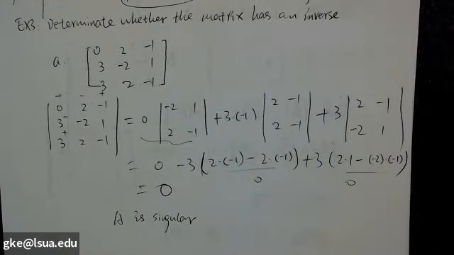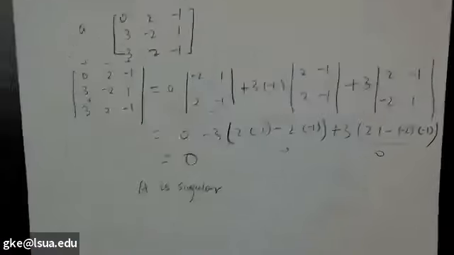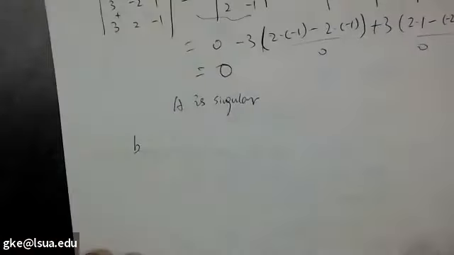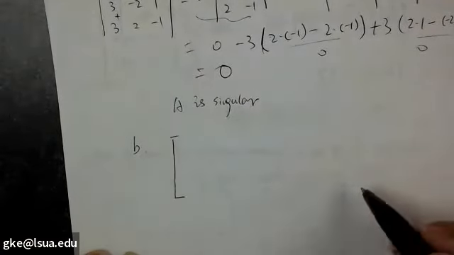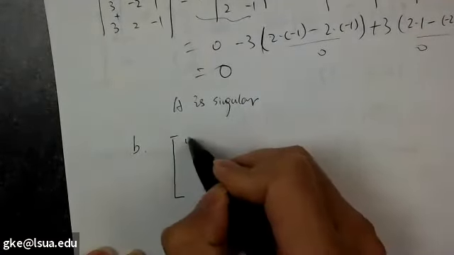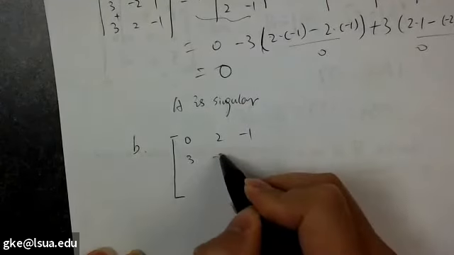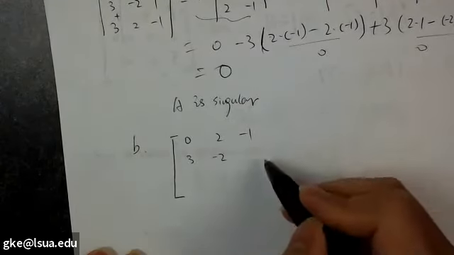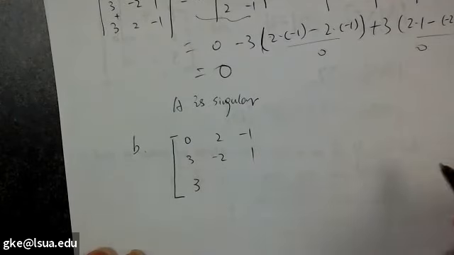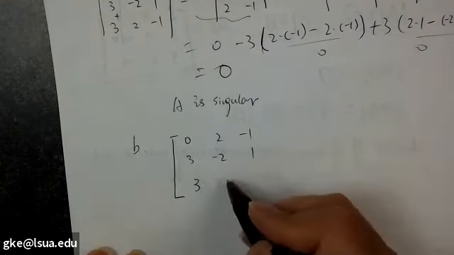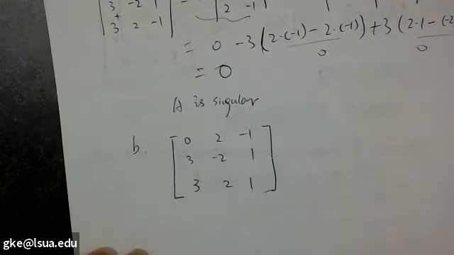So let's take a look at this one. I want you to try another one: [0, 2, -1; 3, -2, 1; 3, 2, 2, 1]. Try this one.